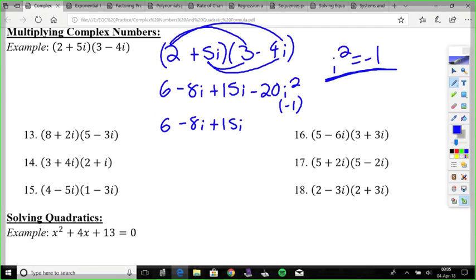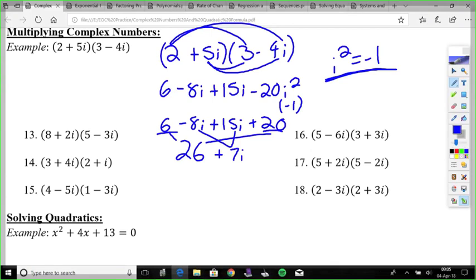It's negative 20 times negative 1, which would be a positive 20. All right, and now you can combine like terms like normal. So 6 and 20 would make 26 when you combine them together. And negative 8 plus 15 would be 7i. Positive 7i. So 26 plus 7i.